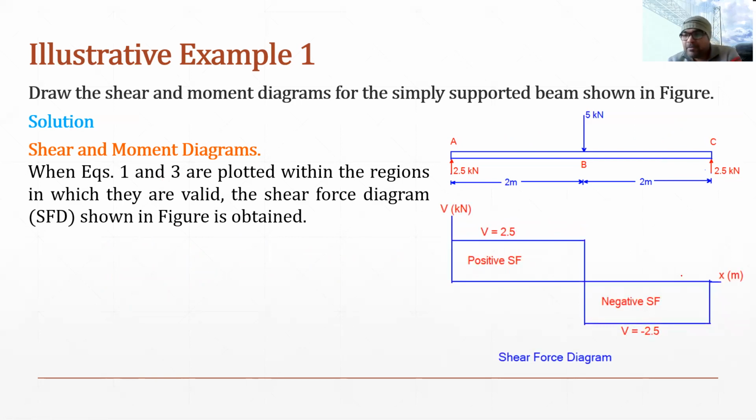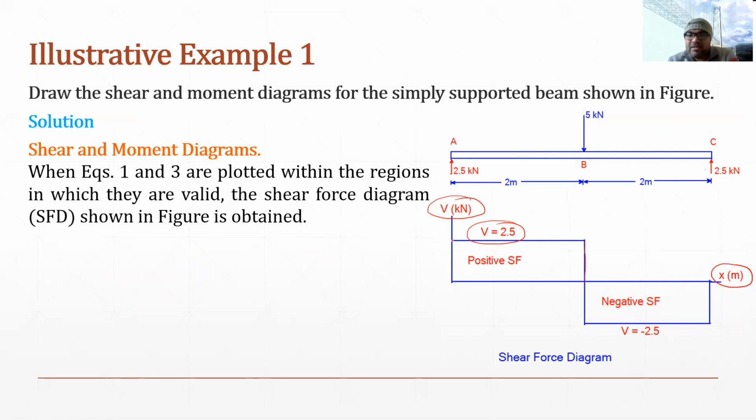Here you can see this is the x-axis, where we show the length of the beam, and on the y-axis we have the ordinate V, in kilonewton. As I said, in segment AB, V is positive, so it is drawn above the x-axis. And as I said, the V value is independent of x, which means for all values of x, V will be equal.